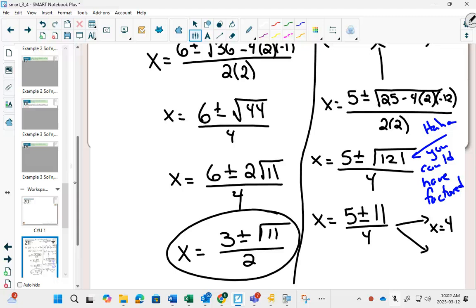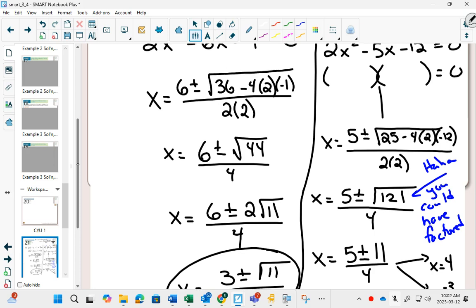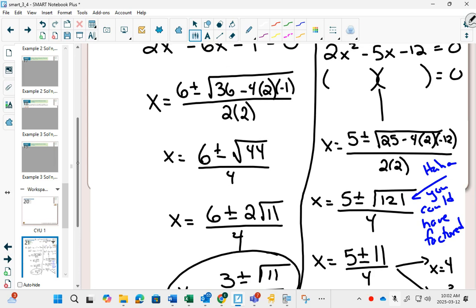Negative 6 over 4 reduces to negative 3 over 2. There's your 2 answers with the quadratic formula. They're nice answers. And in fact, if I scroll up just a bit to where I was about to factor, I could write those, that should have been the same thing that I would have got had I factored.